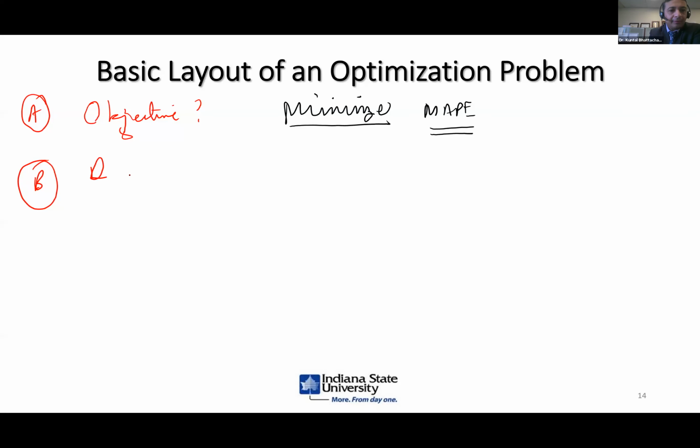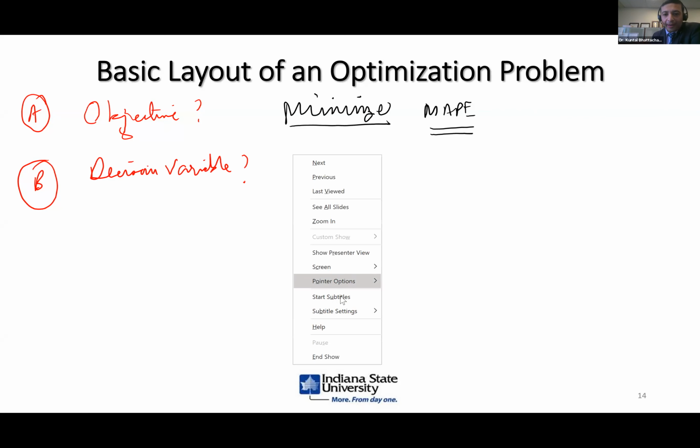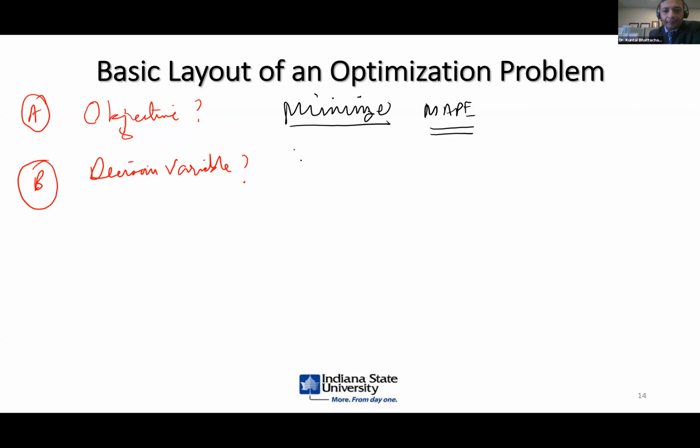where I ask myself, what is my decision variable? In other words, in the context of this problem, I am trying to minimize MAPE by changing the smoothing constant, right?